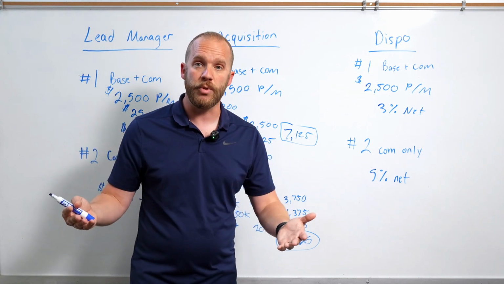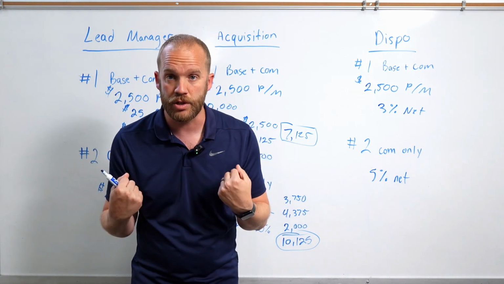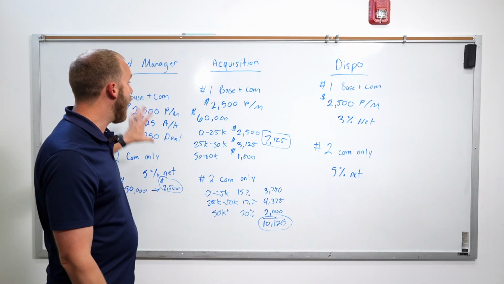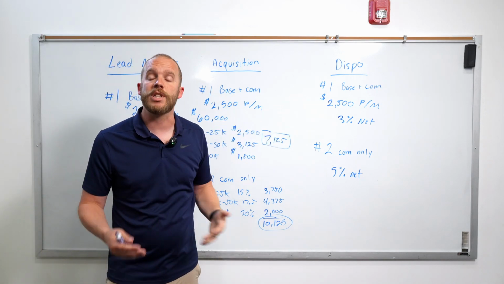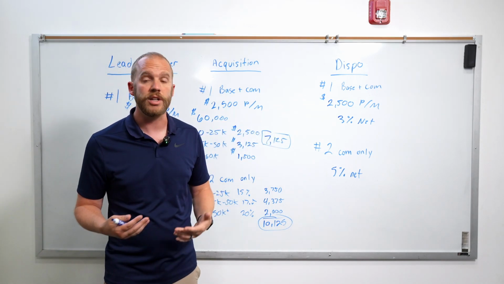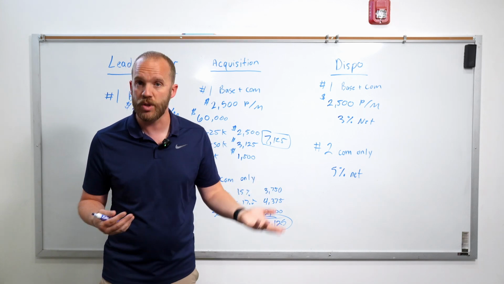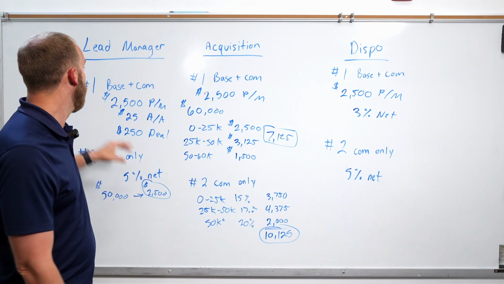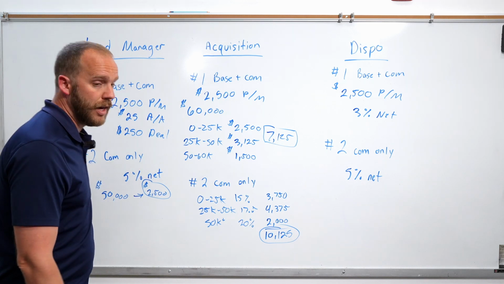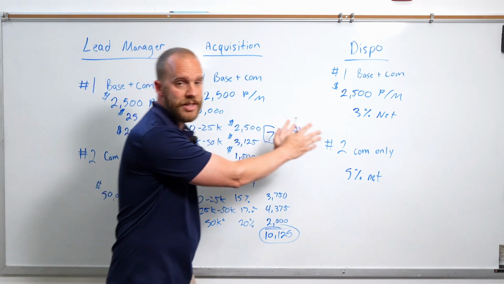And when you find people that you're really attracted to and they're attracted to you as well, you've got to have these structures dialed in. Really top talent's going to expect that conversation. They're going to expect you to know your stuff and know how to communicate. So have each of these plans laid out beforehand. You want to have base plus commission and a commission-only option for each of these agents.